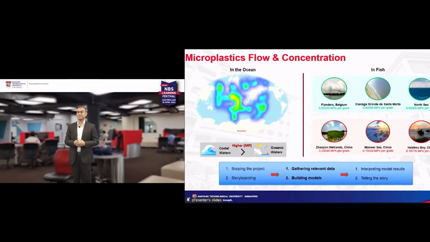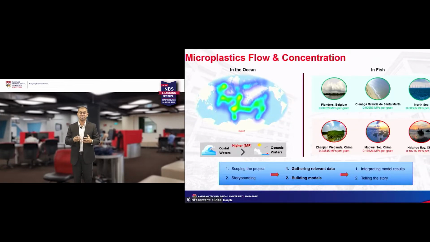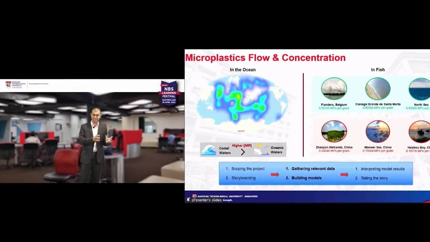And on the left, we can see one of our models looking at the concentration of microplastics in the ocean. And you can see that it's mapped something like a weather forecast, looking at the concentration and distribution of microplastics around the globe. And we can quite clearly see that areas in coastal regions, that means along the coastline, evidently have higher microplastic concentrations than deep water regions.